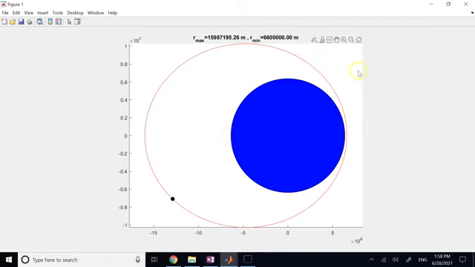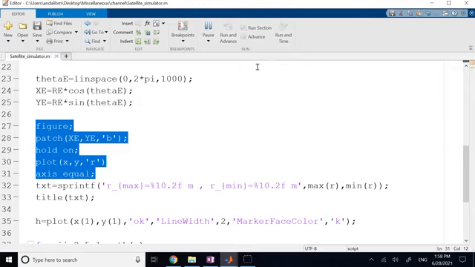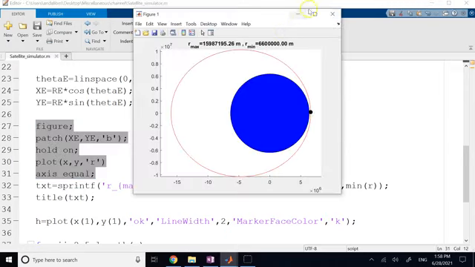Okay, clearly you see the motion was elliptic. Let me simulate it one more time so you can see the animation.